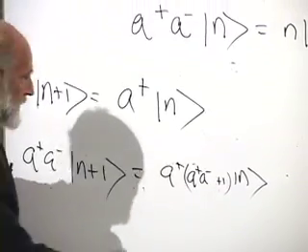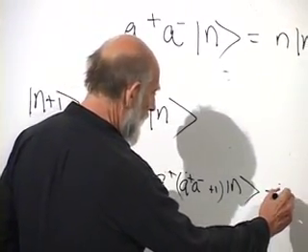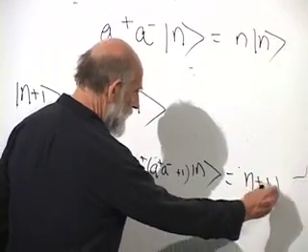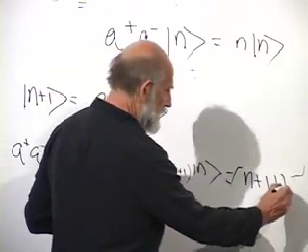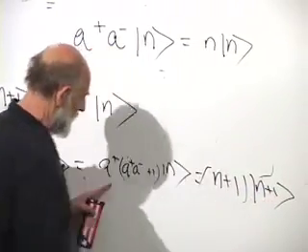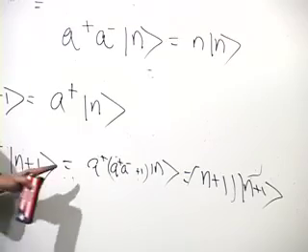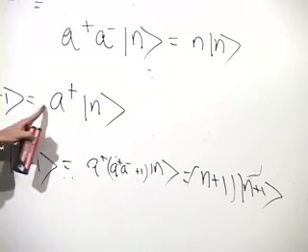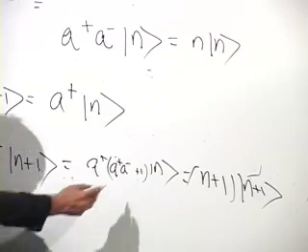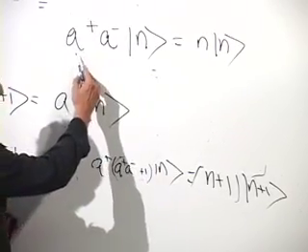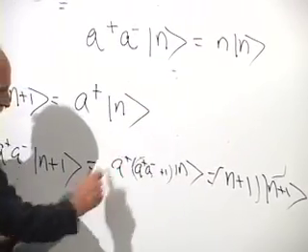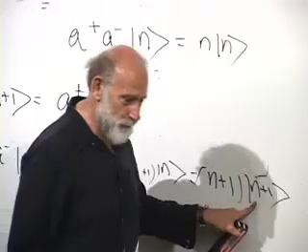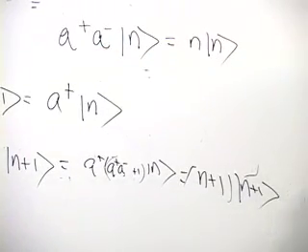So the whole thing is just equal to n plus 1, that's this, times n plus 1, times the eigenvector n plus 1. The eigenvector n plus 1 is just A plus times n. Get it? That's what this says. And then A plus on n gives us the eigenvector n plus 1. Do the algebra.